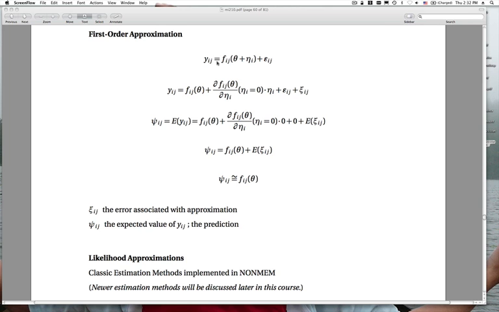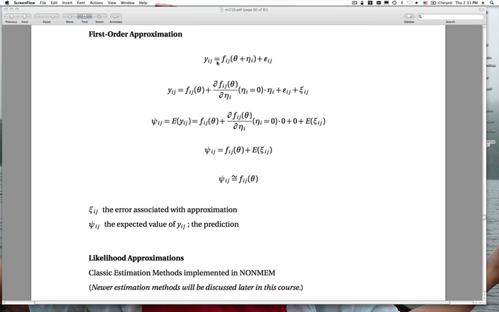In the early population kinetic algorithms, one of the first methods was a so-called first-order approximation, and this was one that instead of solving the true model, makes an approximation to the model and then solves the approximation analytically.